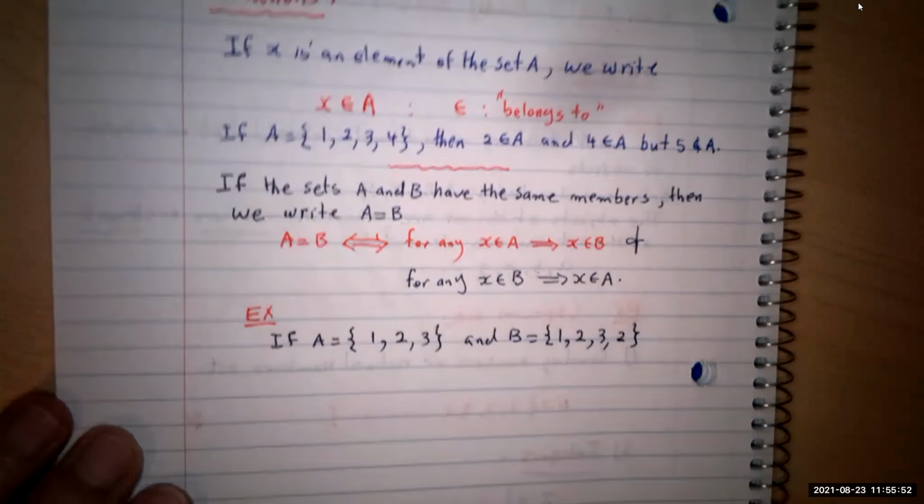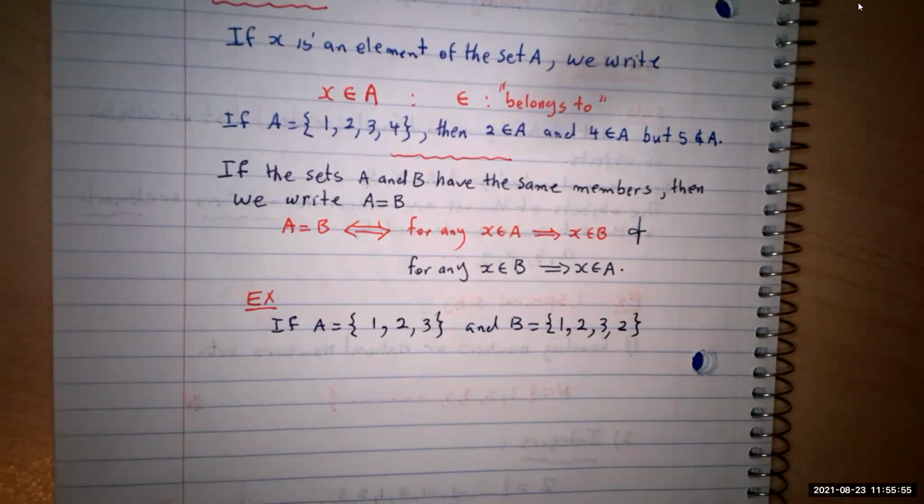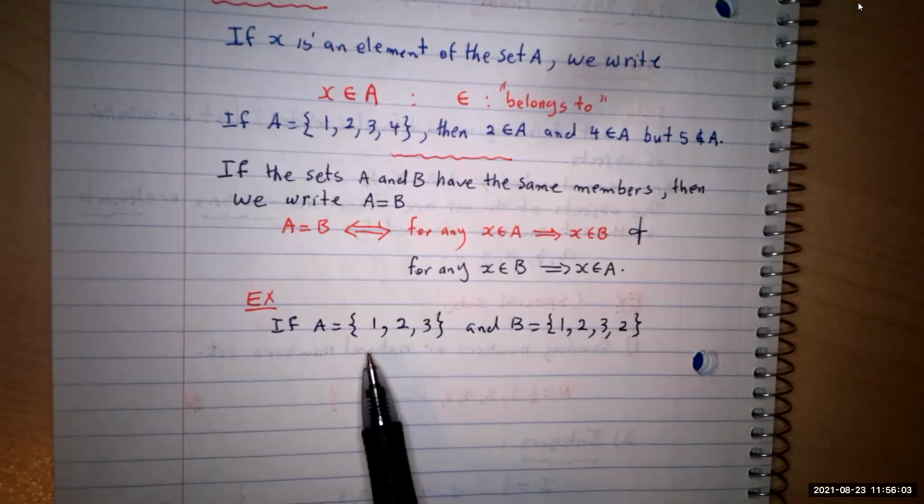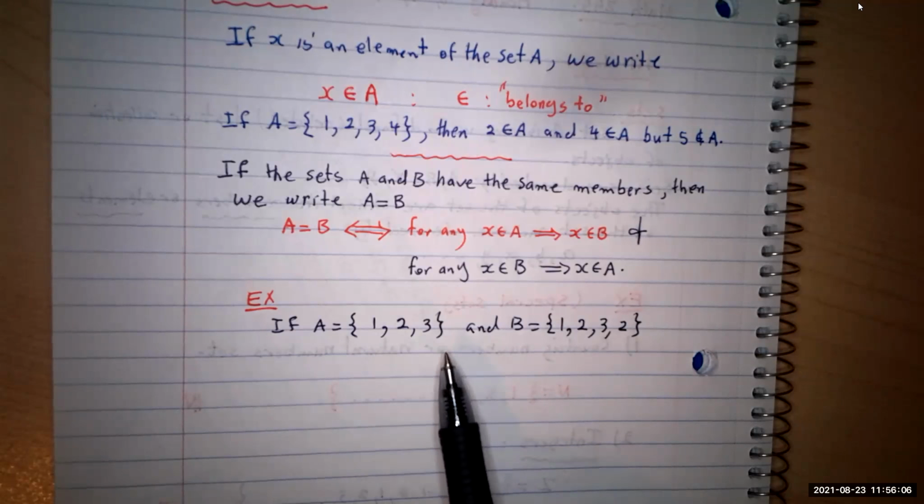See? 2 is repeated. When you write down the sets, you may repeat that one, of course. Maybe that would be related to something. But when you want to compare them together, you see the members of the sets are 1, 2, 3.